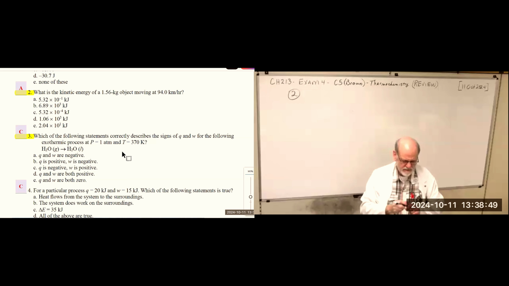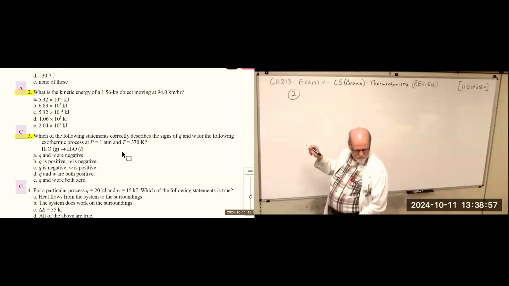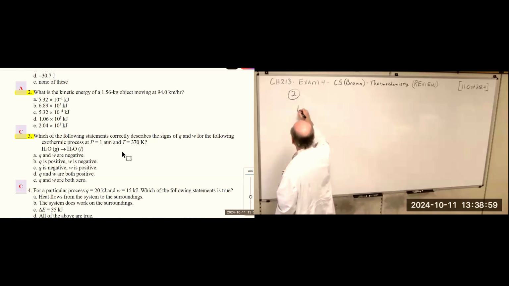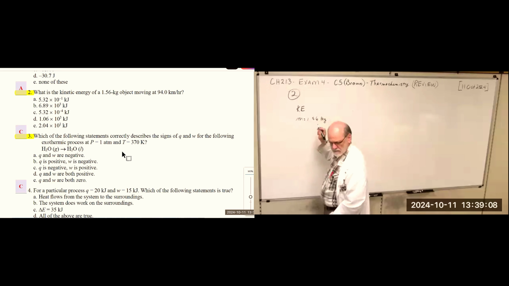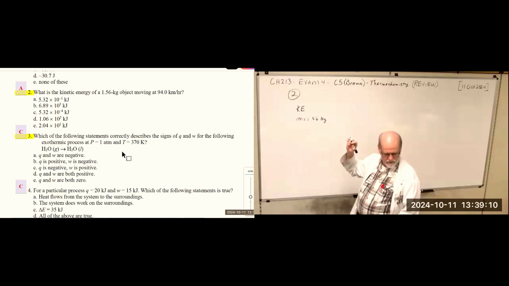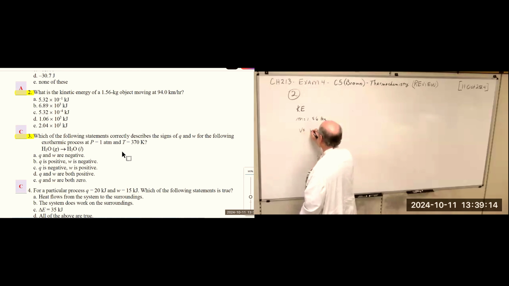What's the kinetic energy of a 1.56 kilogram object moving at 94 kilometers per hour? So what we've got, we're looking for kinetic energy, right? We've got the mass of an object at 1.56 kilogram, and 94 kilometers per hour.